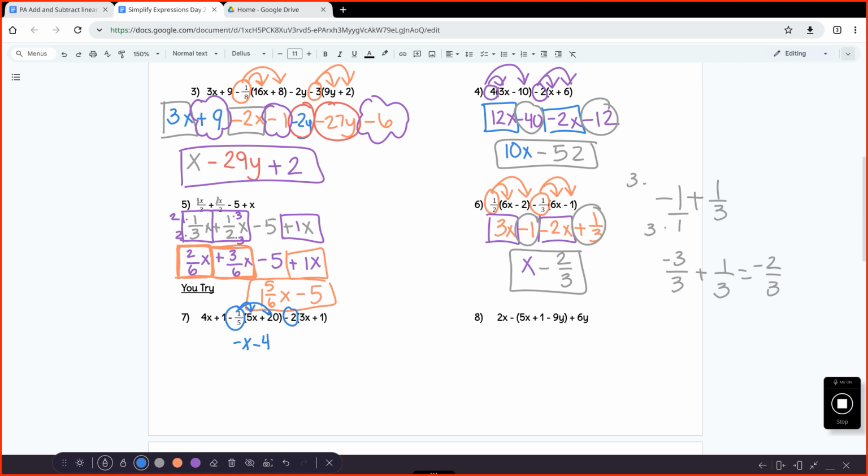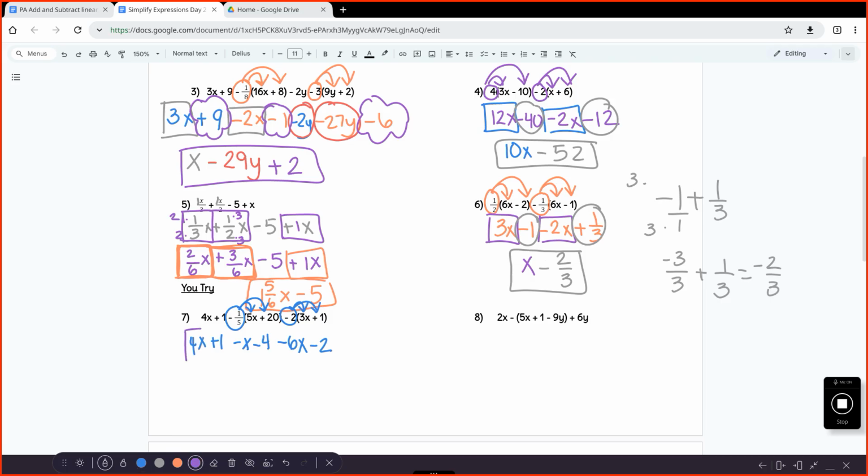So negative 1/5 times 20 gets us that negative 4. Next, we have here negative 2 times 3x, that gets us negative 6x. Negative 2 times 1 gets us negative 2, and then everything else drops.